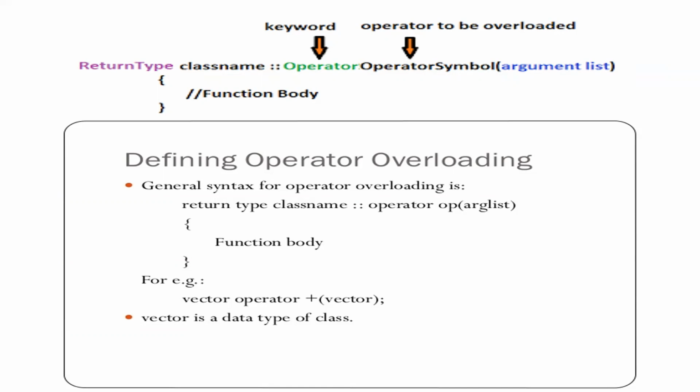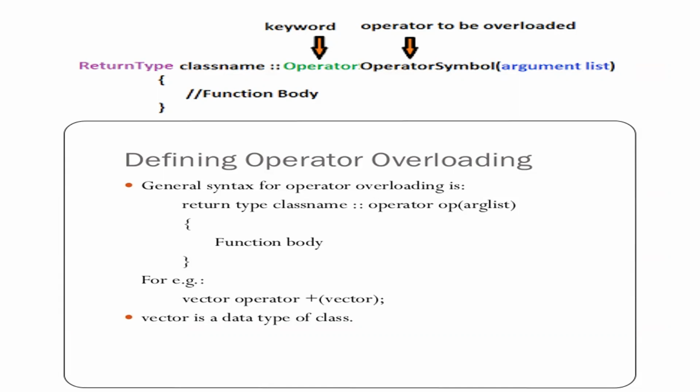Okay, this operator is a keyword, and then the operator symbol. Symbol means which operator is being overloaded. Plus, minus, decrement, increment operator. Which operator is being overloaded? Its symbol will come here. And the argument list. Then the function body, because it's a function, it will be within curly braces.